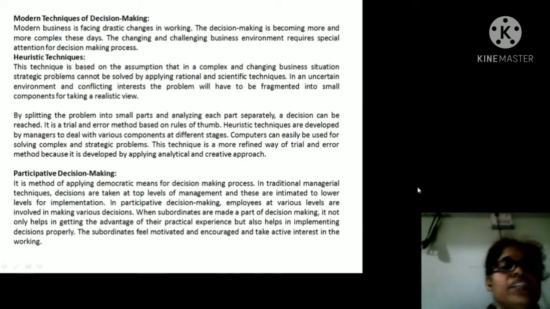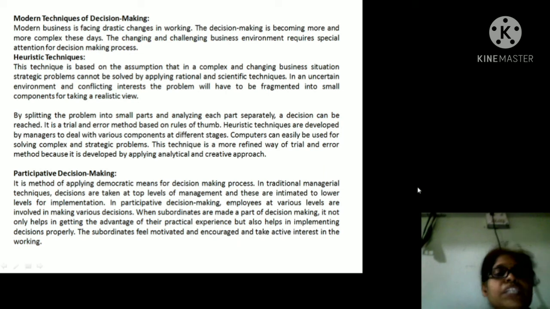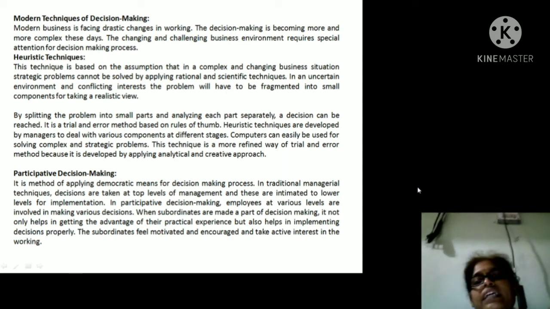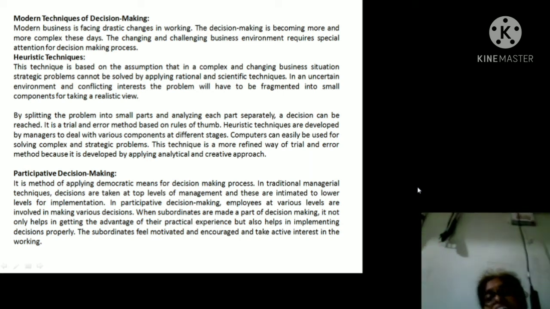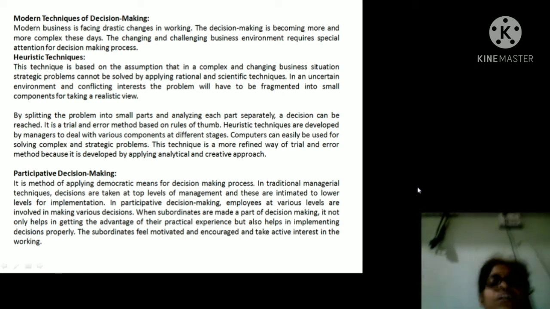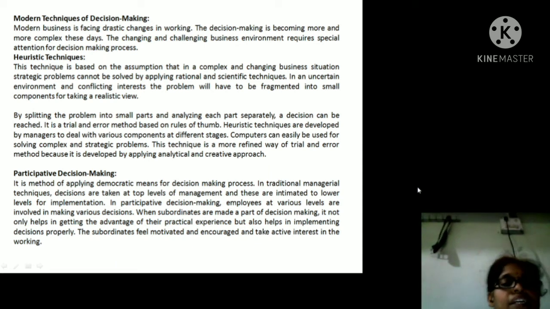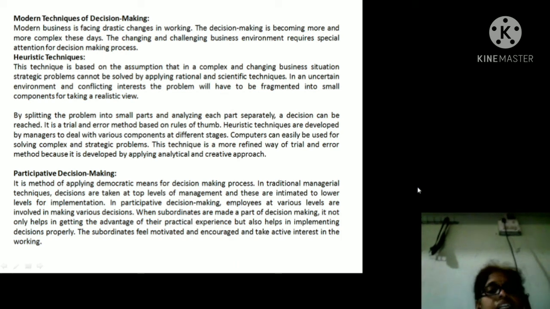Now modern techniques. Modern techniques include the heuristic technique and participative decision making. The heuristic technique is based on the assumption that in a complex and changing business situation, strategic problems cannot be solved by applying rational and scientific techniques. So what is done here? The problems are divided into small parts, and the managers analyze each part separately, and a decision can be reached.